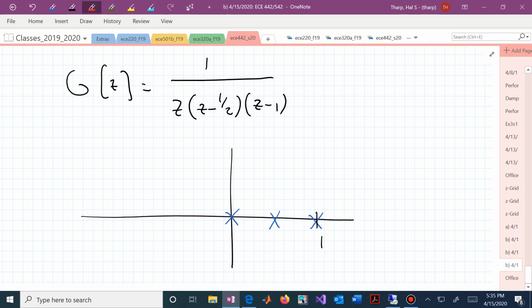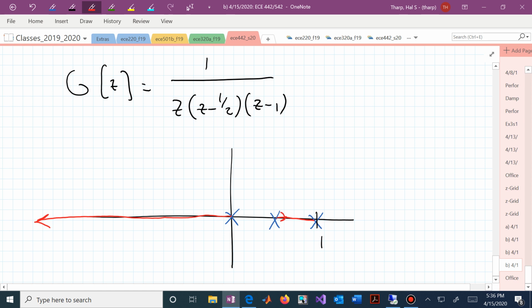And I hope that we can now fairly quickly determine that we have a segment there between 1/2 and 1, and we have another segment there between 0 and minus infinity. Those are our segments. How many branches do we have? We actually have 3 root locus branches.